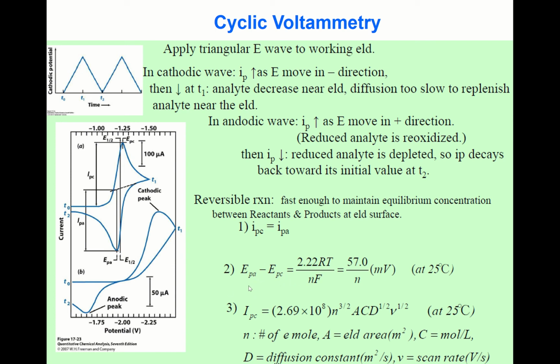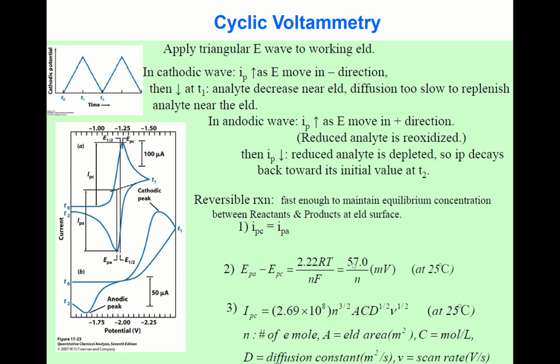Okay, and then this potential difference gives you information about the number of electrons. For the ideal case, this difference is given by 57 divided by n millivolt. If there is only one electron, this peak potential difference is 57 millivolt. If there are two electrons involved, the peak potential separation is half of this one.